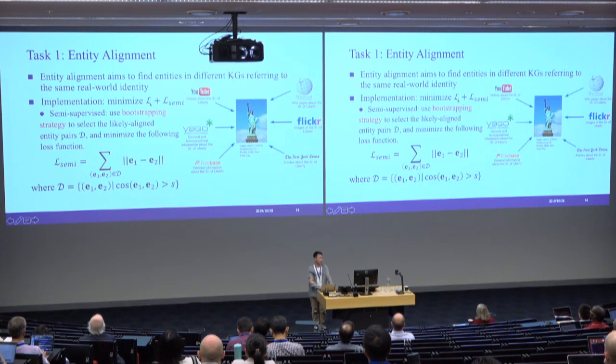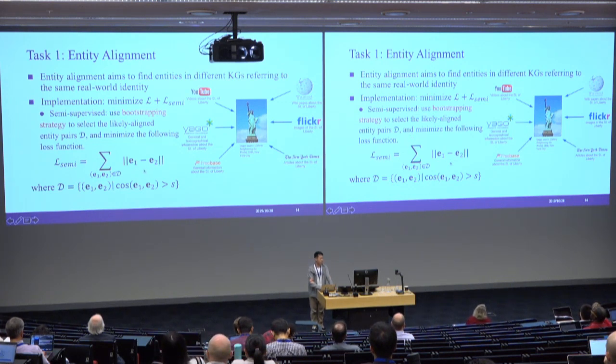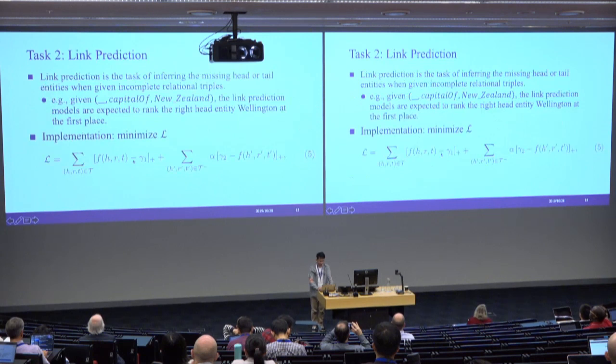Here, L is the previous triple loss function, and this part is for the entity alignment. In each step of training, we first select a set of entity pairs which are likely to be aligned. We hope these entity pairs are similar, so their distance should be minimized.